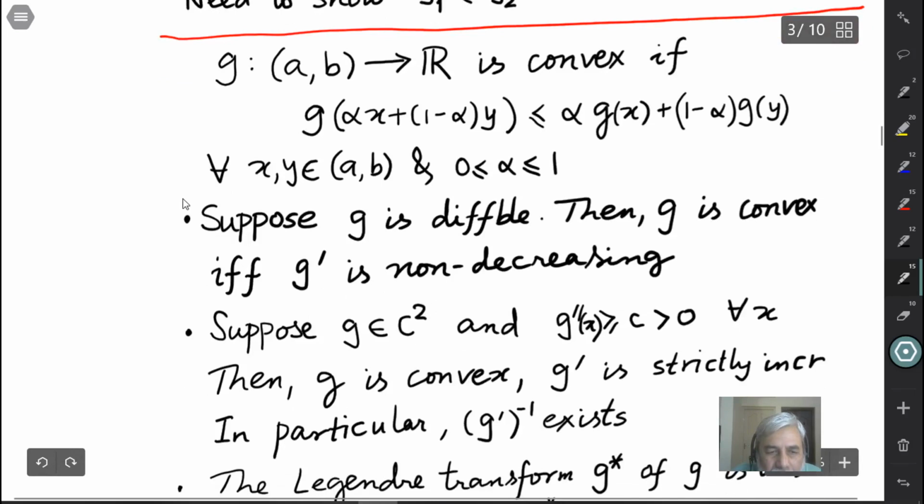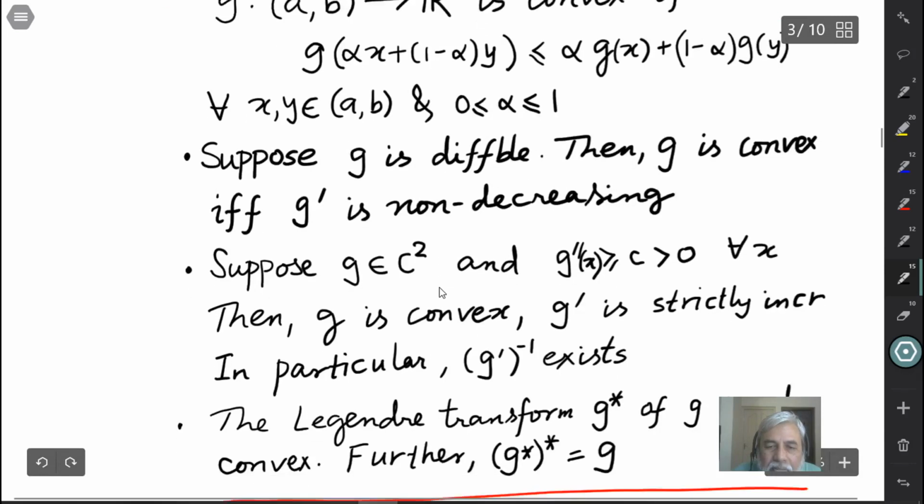These are easily provable things, and those are done in a course on analysis. So if g is differentiable, then g is convex if and only if g' is non-decreasing. So this g' is the derivative of g, and it's if and only if. So if g' is non-decreasing, then g is convex, and if g is convex, g' is non-decreasing. We can still simplify further.